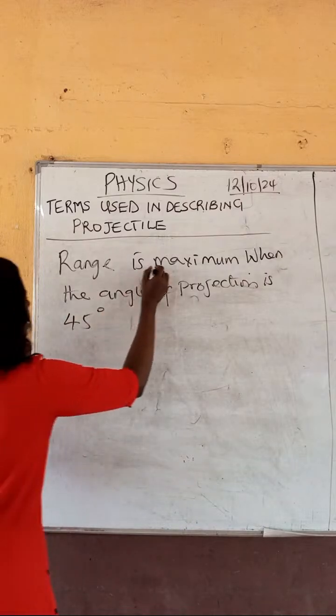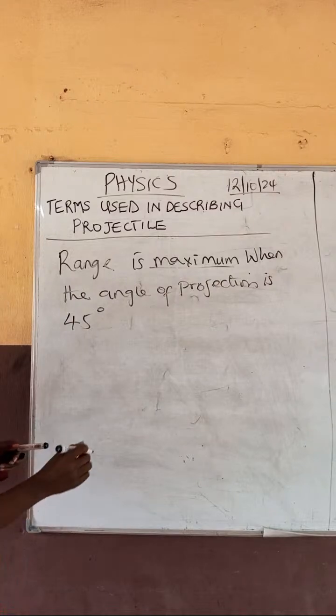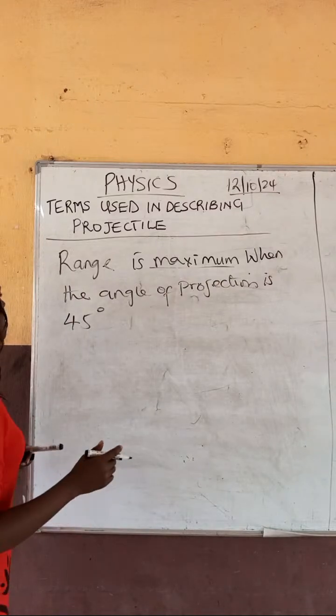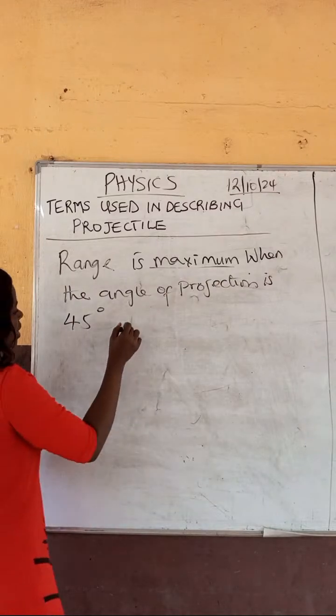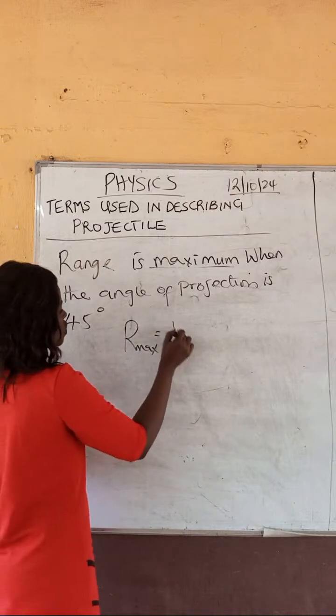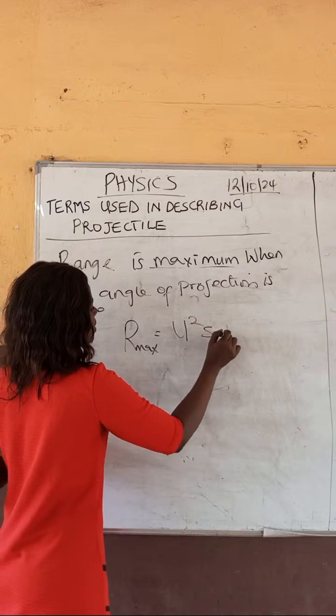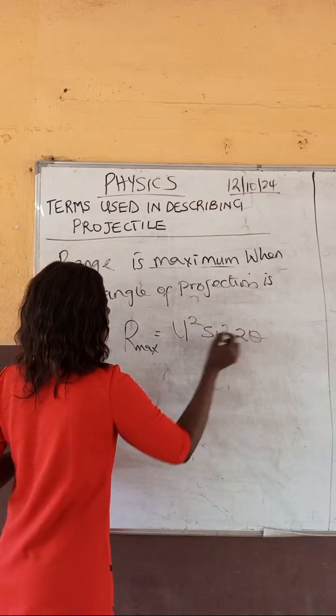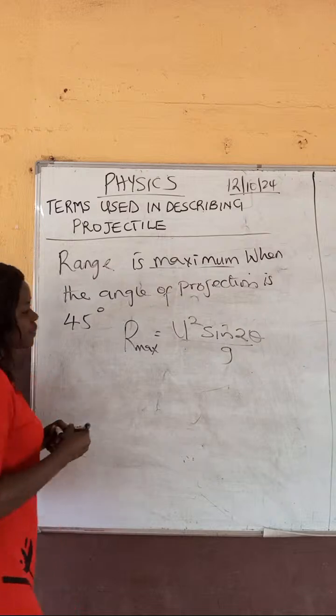Range is maximum when the angle of projection is 45 degrees. So what do I mean by that? I have R max is equals to U square sine 2 theta over G.